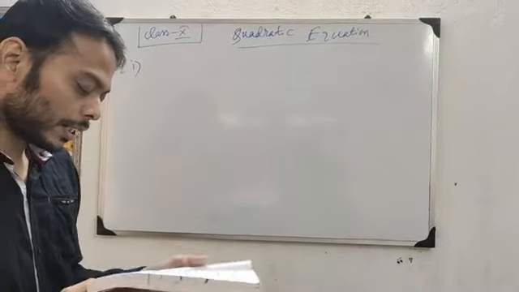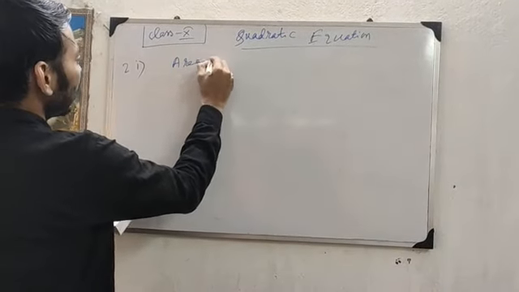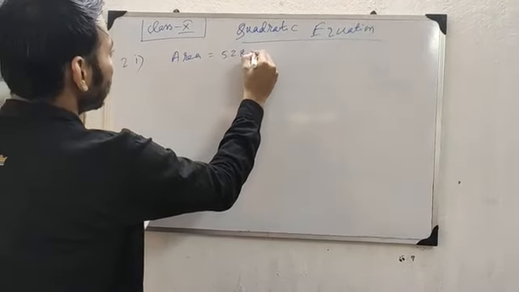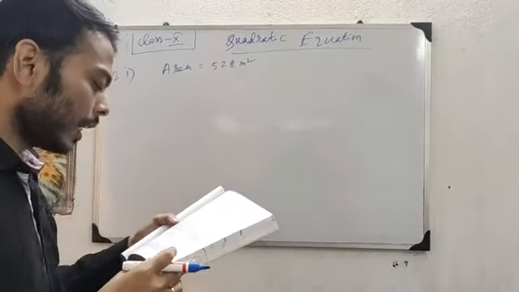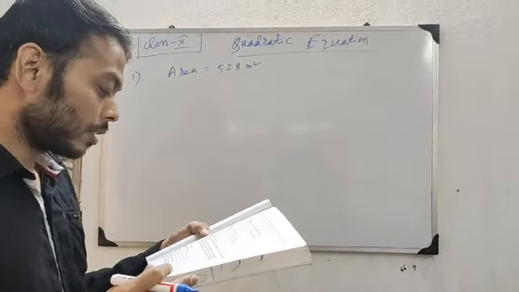The area of the rectangular plot is given here: 528 meters squared. The length of the plot is 1 more than twice its breadth.